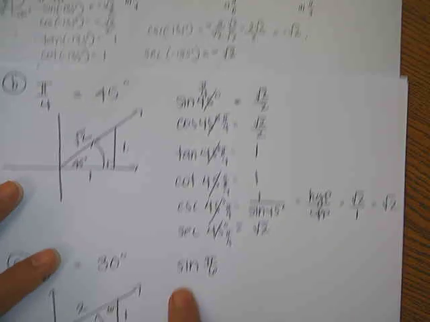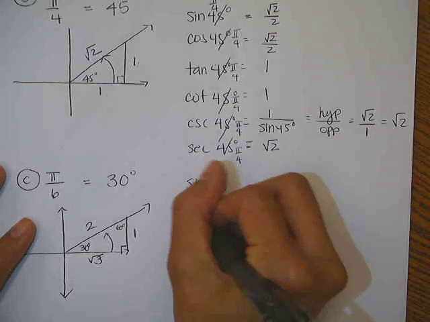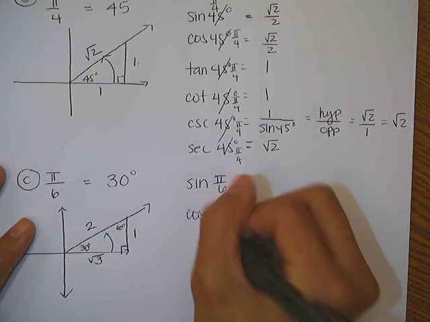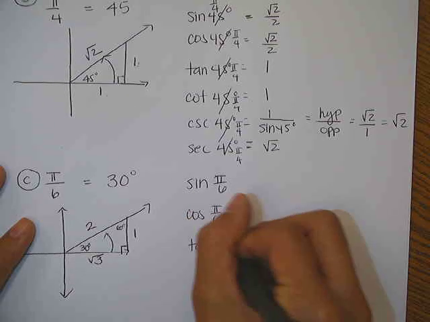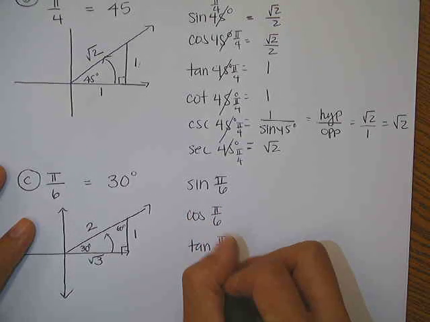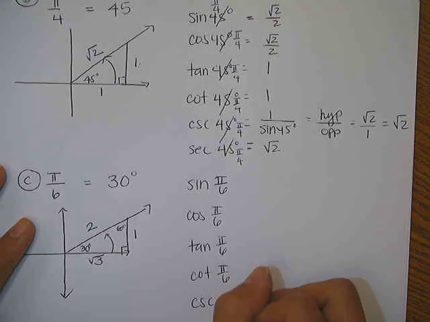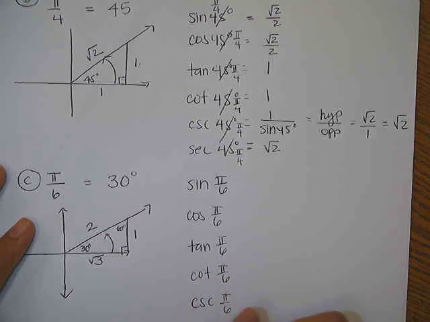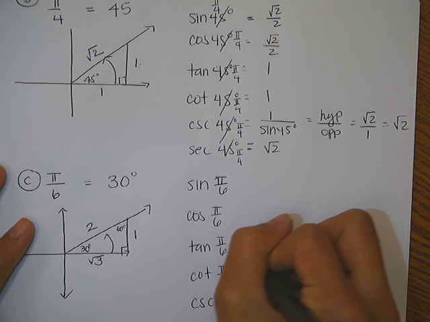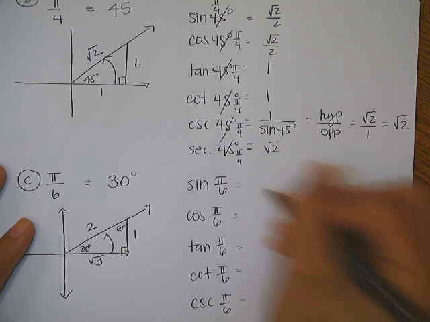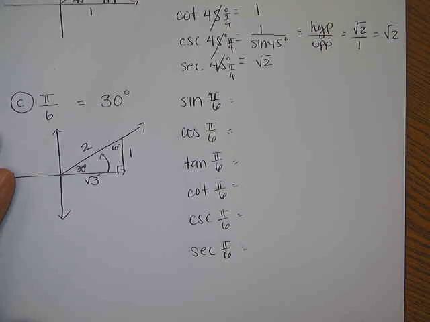All right, sine of pi over 6, cosine of pi over 6, tangent of pi over 6, cotangent of pi over 6, cosecant of pi over 6, and secant of pi over 6. Here we go.